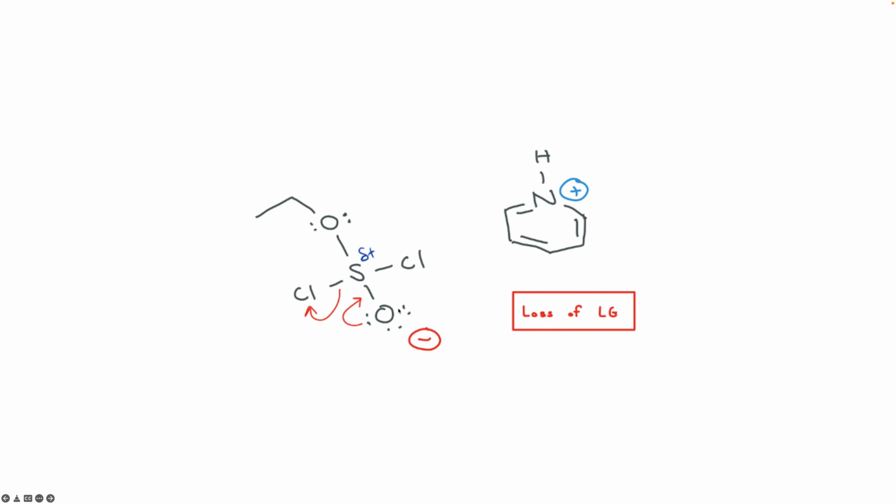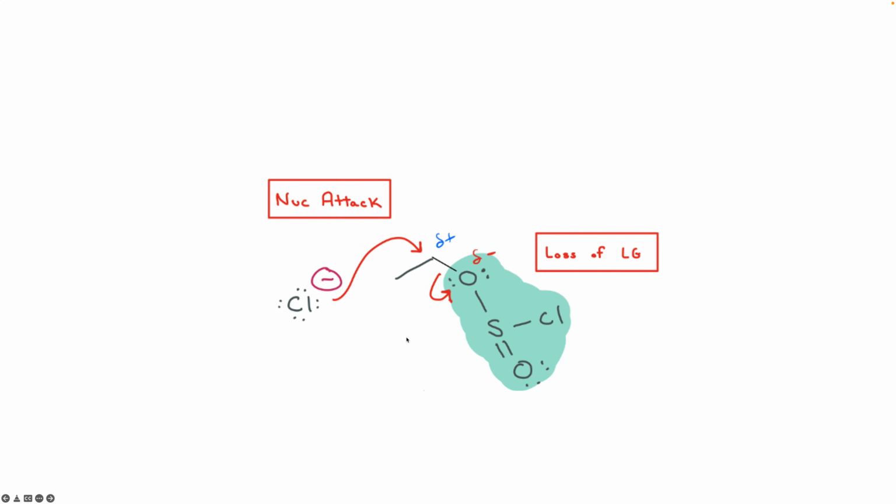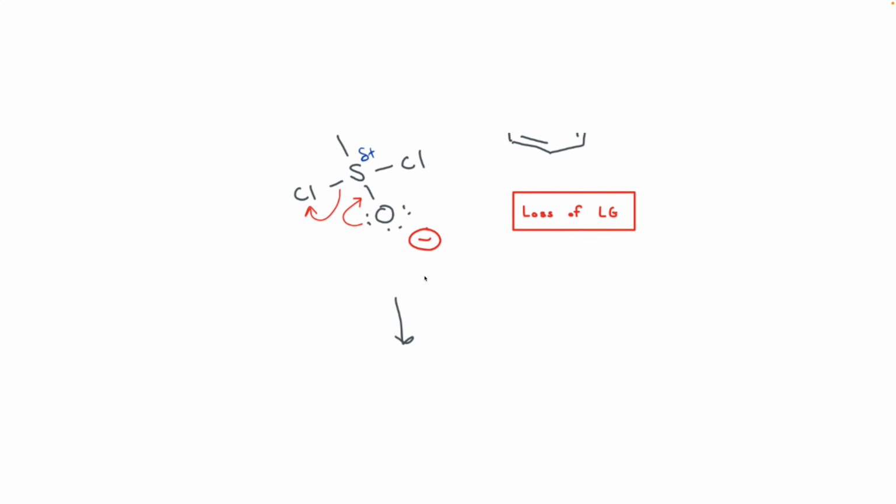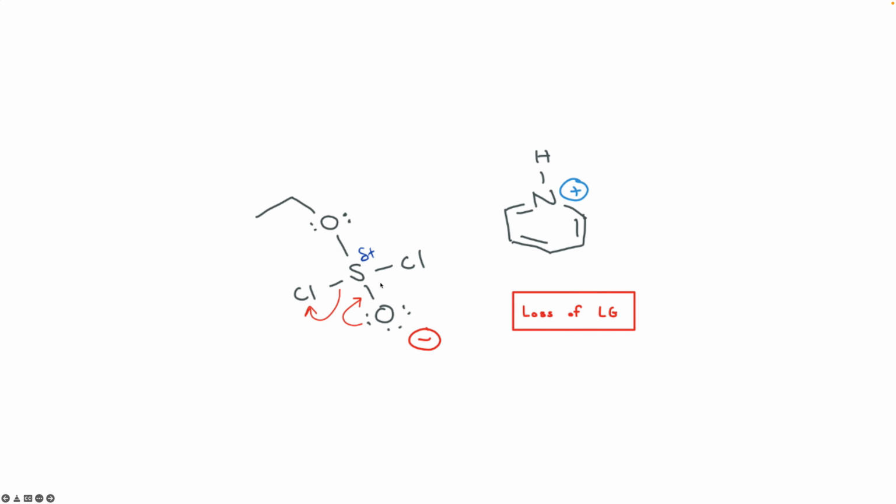We still have the other charge on the oxygen, though, this negative charge at the bottom here. That's still unstable. If you look, the sulfur is bonded to an oxygen, two chlorines, and another oxygen. All of those are very electronegative elements, so they're all pulling electrons away from the sulfur.